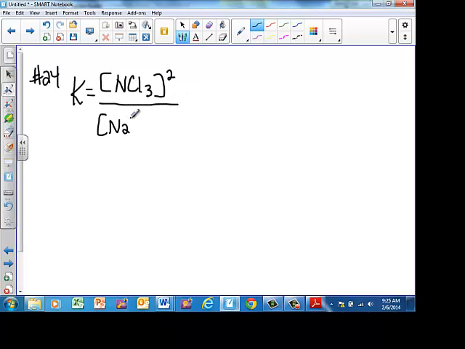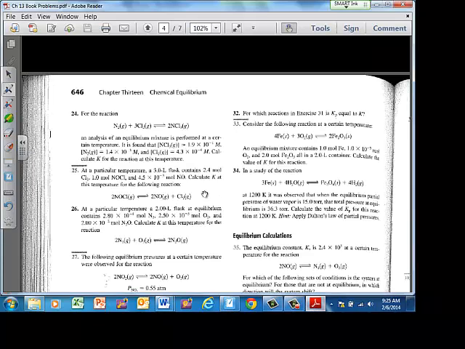Okay, so you have NCl3 raised to the second over the nitrogen and the chlorine raised to the third. Again, where did I get that from? These are my products. Let's try that again. This is a ratio of my products over my reactants.